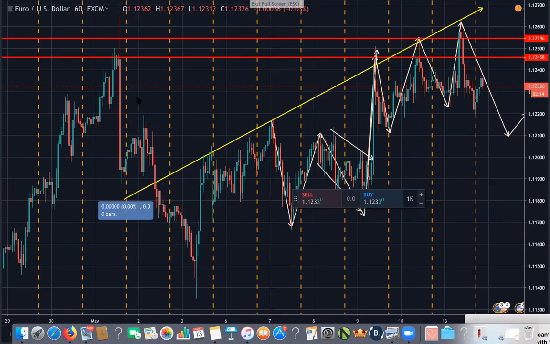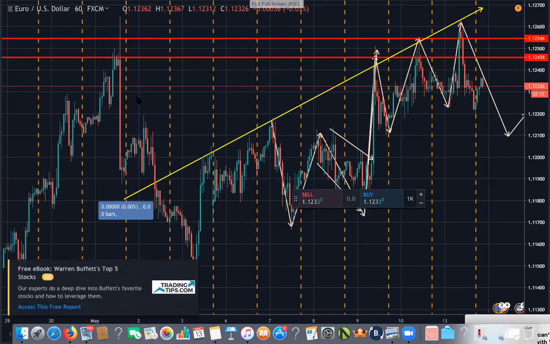So say this over here hasn't happened yet. This over here has happened, but then as you can see, it rejected the trend line. It also, this is called the energy point right here, because that's where the trend line and the resistance cross.